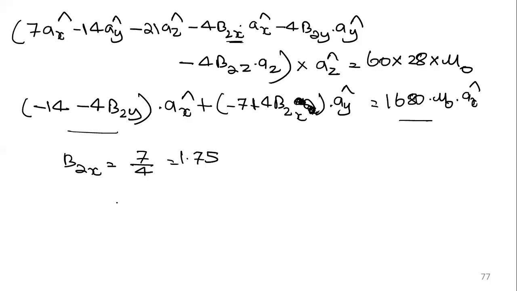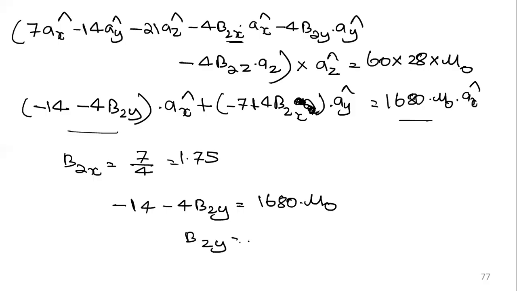And if you equate the Y components, you will get 14 minus 4 B2Y is equal to 1680 into mu naught. So B2Y we get as minus 3.5 AY, and this is AX.